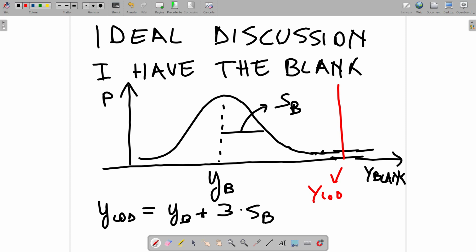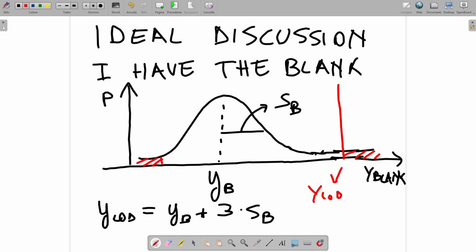Are you able to tell me how much area is here? 0.3%. Exactly. No, well, 0.15 here. We move from the maximum by 3 standard deviations, but just this part is half of 0.3, because there are 2 tails. Okay.